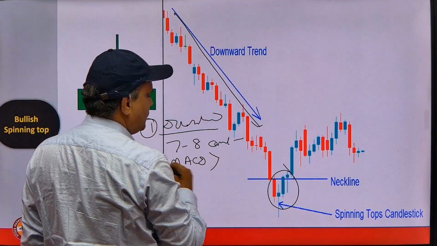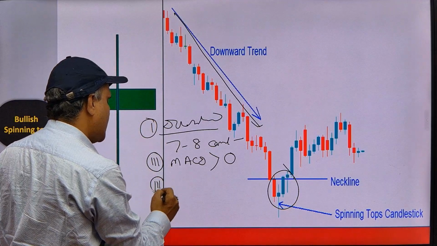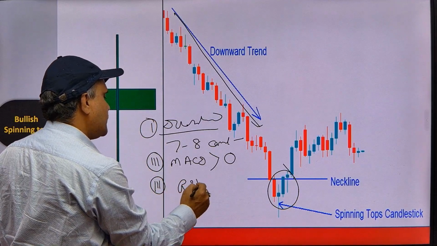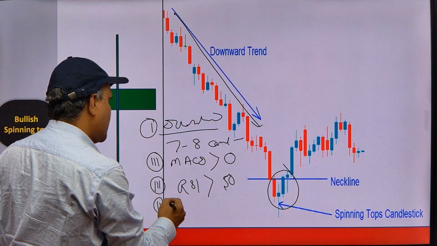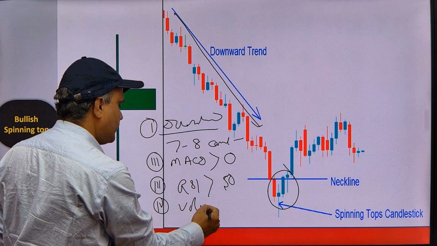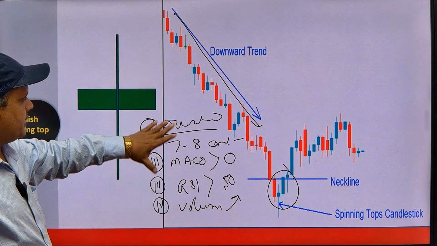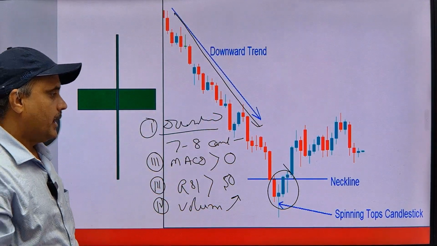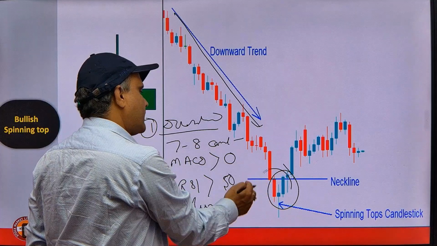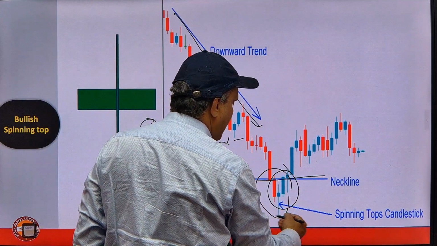Second, when you have seen this pattern, you check what the MACD status is; it should be greater than the 0 line. Third, at that time RSI should be greater than 50, and of course the volume should be increasing. When you see this type of pattern, you mark the up line and mark the down line.